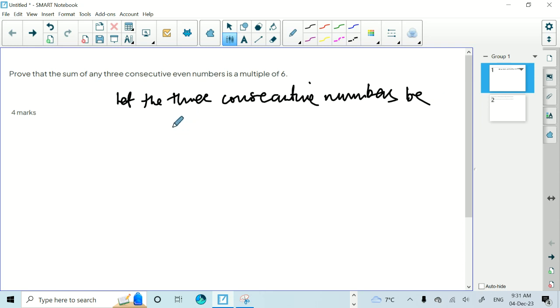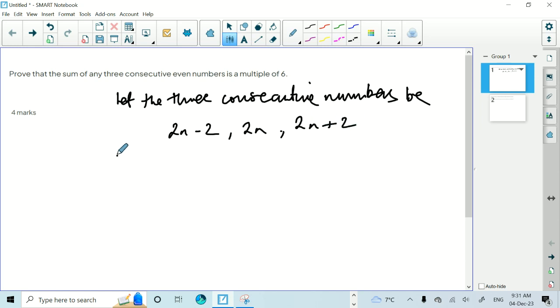Because I'm familiar with this question, 2n minus 2 is the first one. 2n is the second one because it's even numbers, so we can make it a multiple of 2. And then 2n plus 2 is our third.